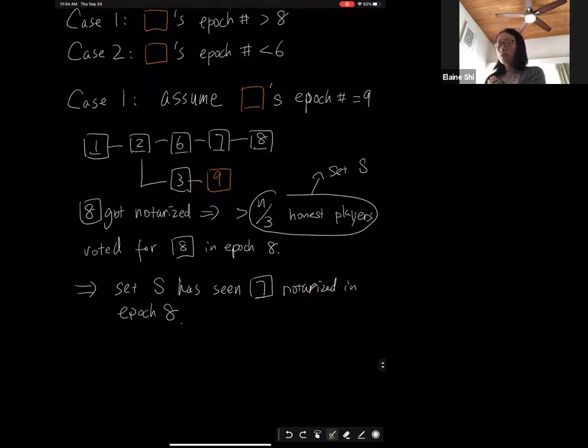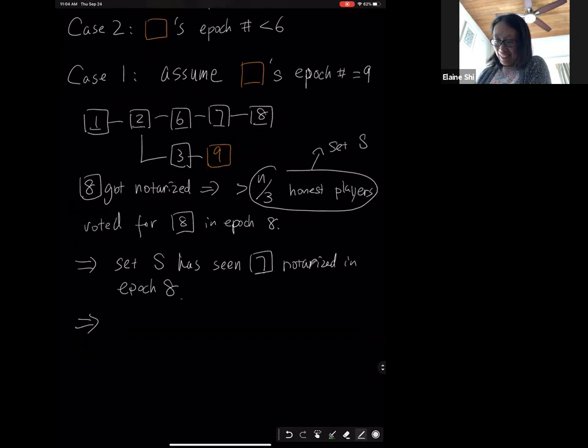Will the set S vote for block 9 in epoch 9? No, they won't. And why? They would only vote for blocks extending the longest notarized chain they've seen. That's great, exactly.